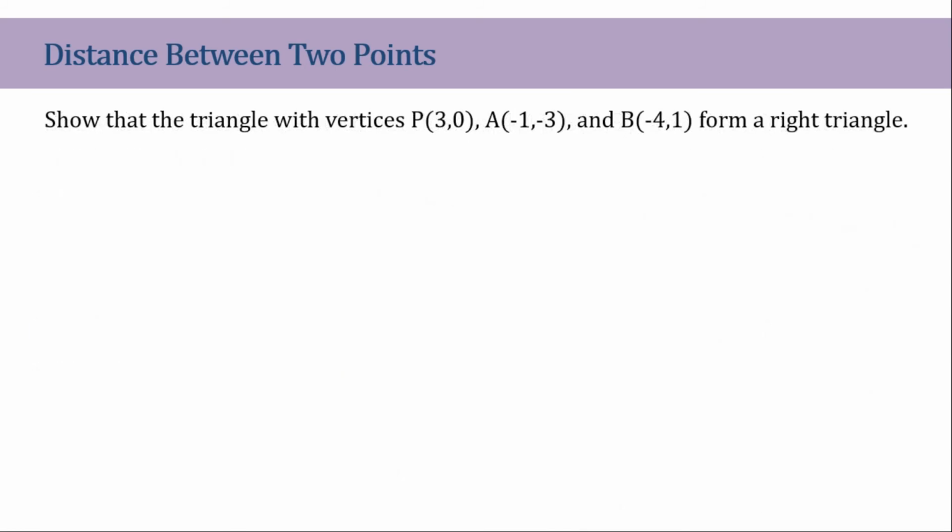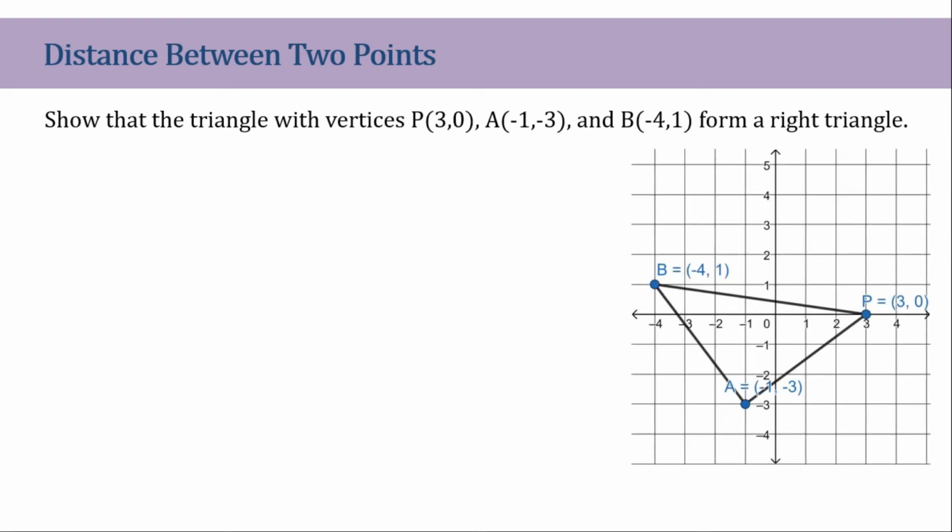Another application of the distance formula is to show that the triangle with vertices P, A, and B with the following coordinates form a right triangle. Now, how can we know if a triangle is a right triangle? So, a right triangle should follow the formula a squared plus b squared is equal to c squared.